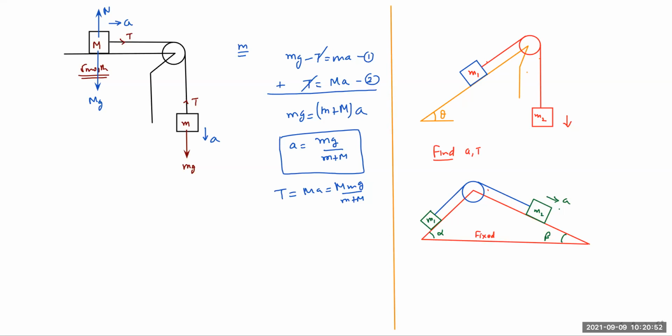Harshit, you got the answer? Sir, I got A as M2 minus M1 into G by M2 plus M1 cos theta. No, that's wrong. That's wrong.